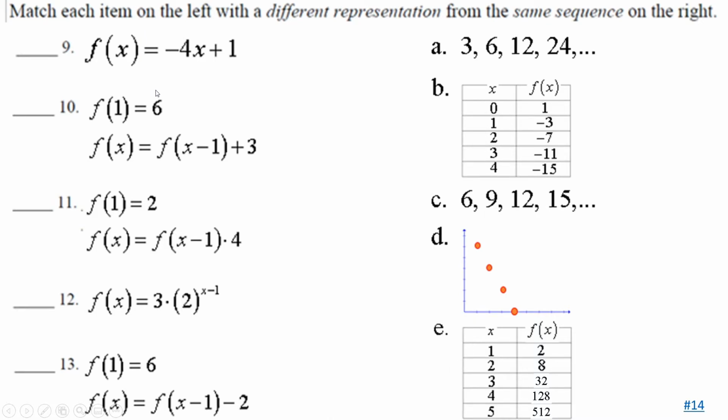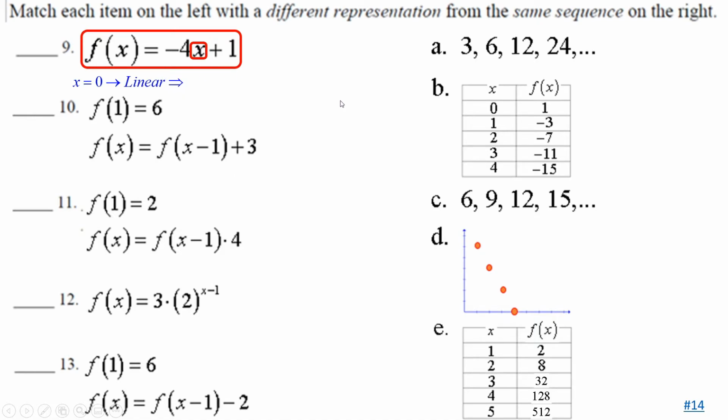So let's take a look at number 9. F of x equals negative 4x plus 1. Isn't that our old y equals mx plus b? So I know this is linear, and if I'm going to use slope-intercept, I start with x equals 0.